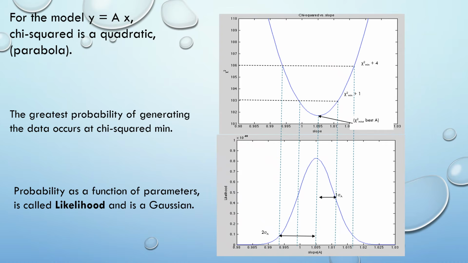Note that if we go 1 sigma on either side of the Gaussian peak and extend these lines up to the parabola, they intersect the parabola at chi-square min plus 1. 2 sigma on either side of the Gaussian extended to the parabola intersects at chi-square min plus 4. Where these lines intersect the horizontal axis gives the upper and lower bounds for the best fit parameters.